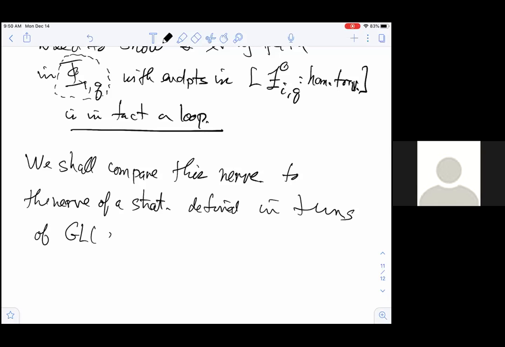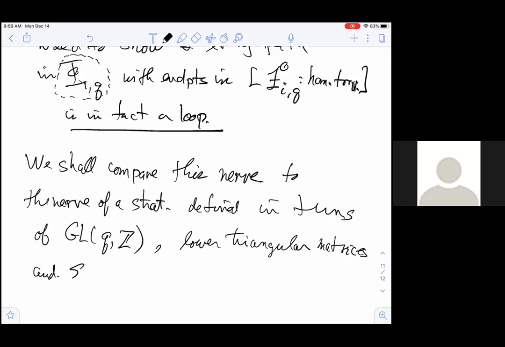the general linear group GLQZ, invertible Q by Q matrices, lower triangular matrices, and the symmetric group, which acts in a natural way on GLQZ.